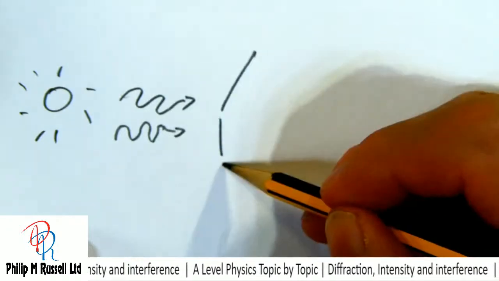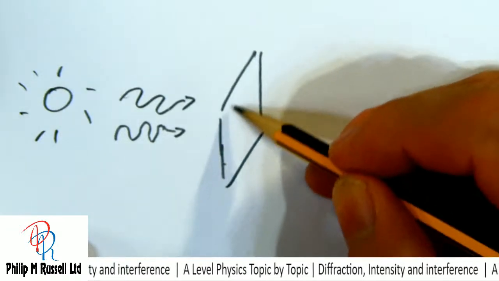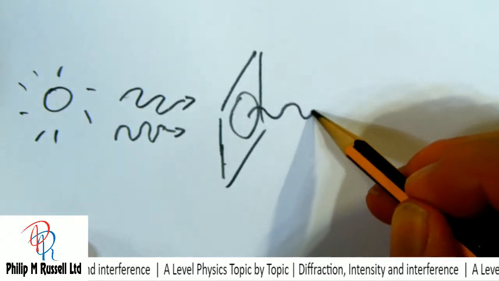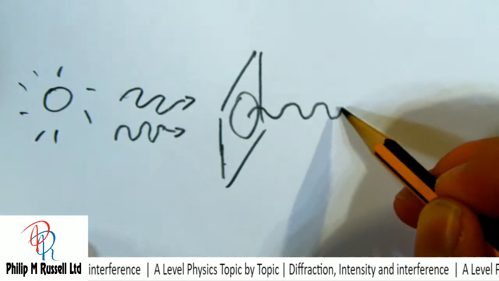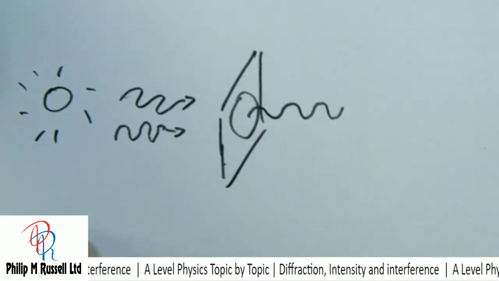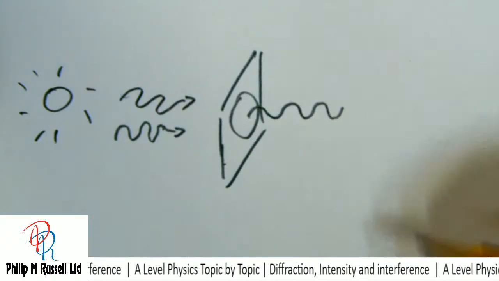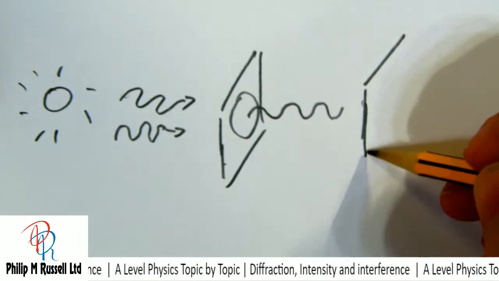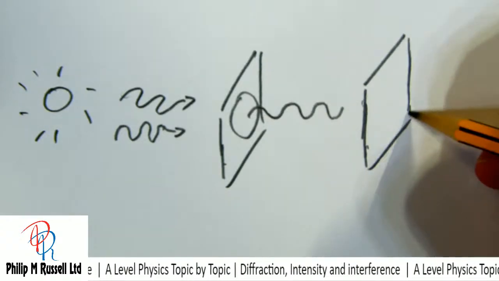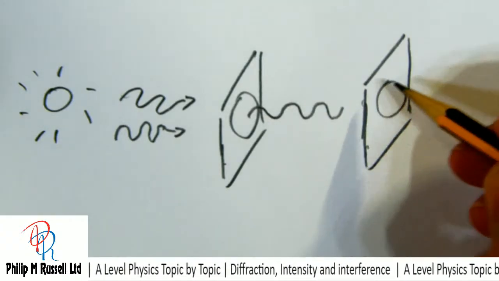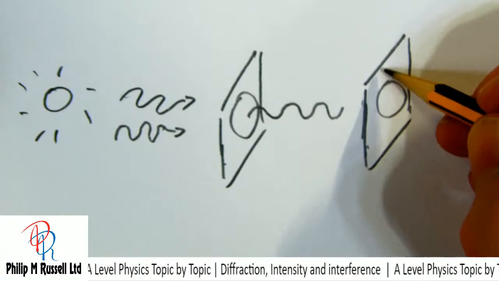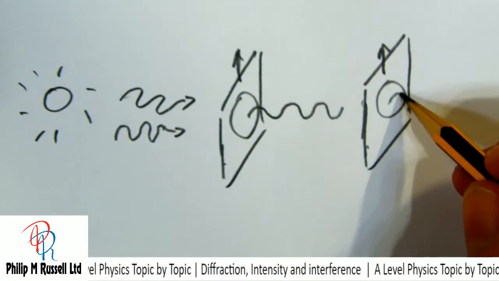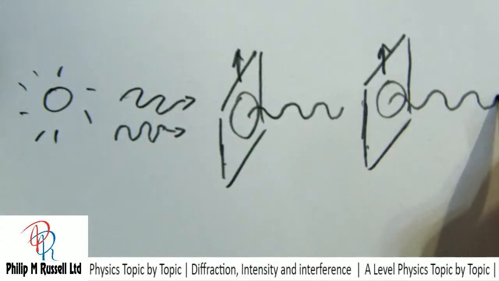When we put this polarizing filter, it only allows light of a particular orientation to go through. When I take this and put it through another filter, if it's in the same direction, then light will travel through quite happily.